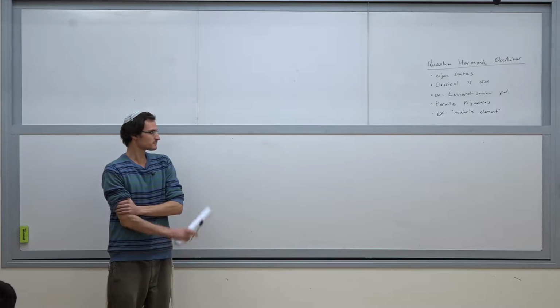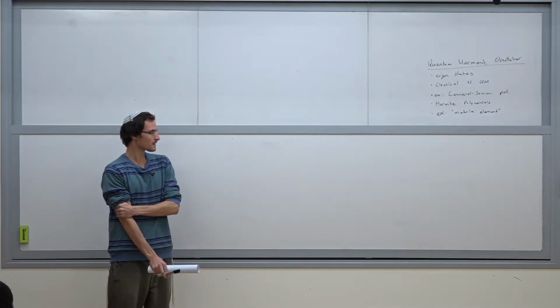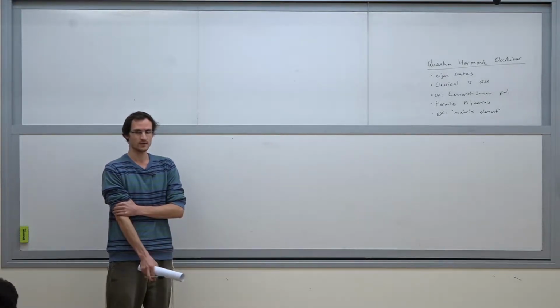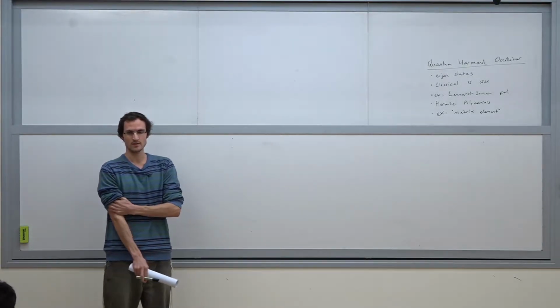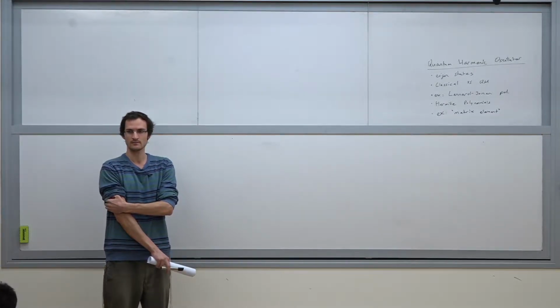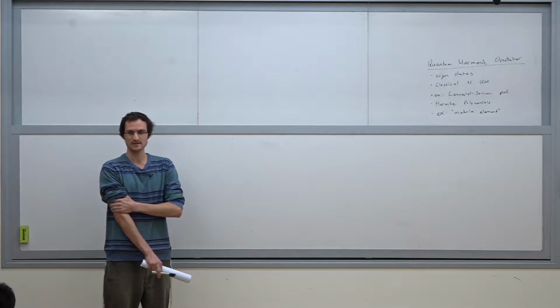It's discussed everywhere in the books. We're going to talk about this for 2 weeks in a row. So today we're going to talk about the eigenstates, Hermite polynomials, how to deal with the harmonic oscillator in position space and momentum space.